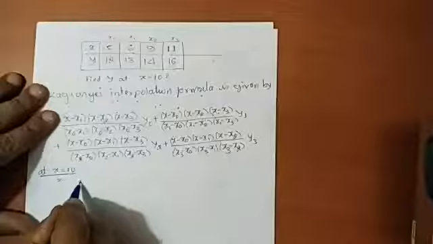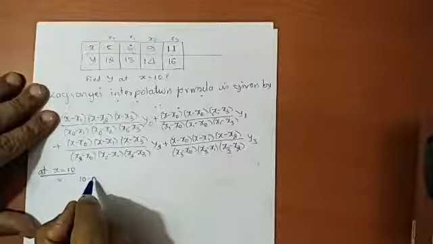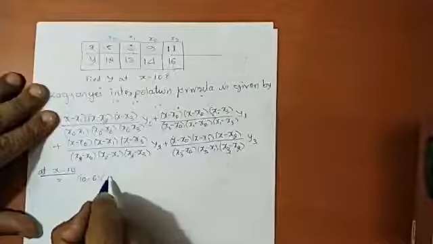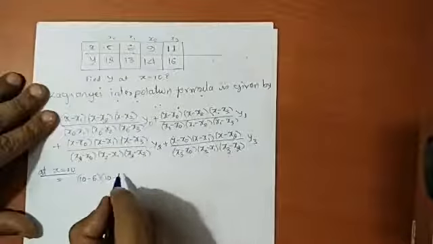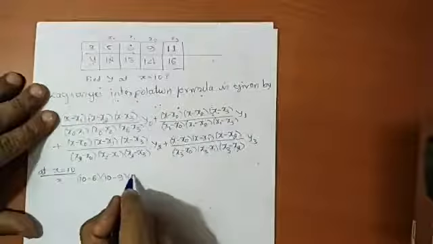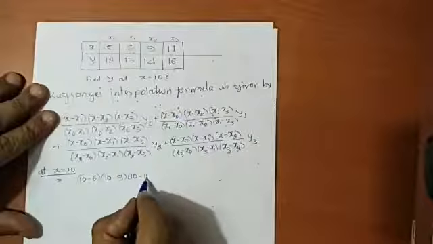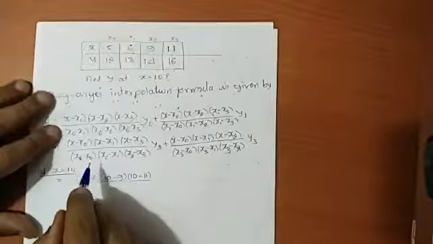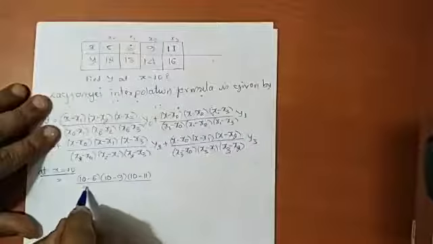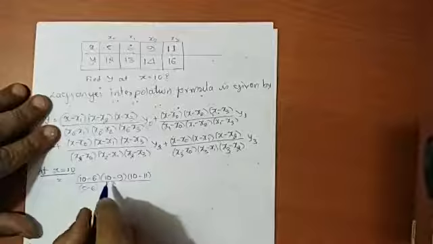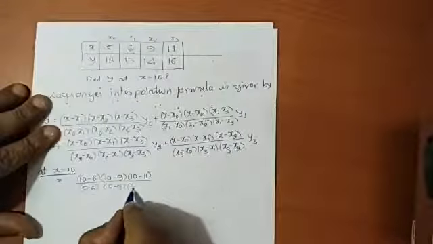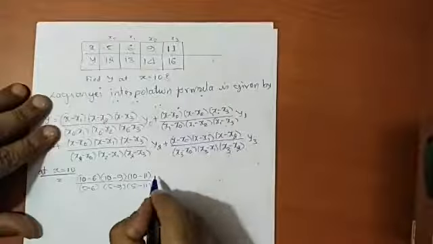It is (10 minus x1 is 6) into (10 minus x2 is 9) into (10 minus x3 is 11), divided by (x naught minus x1, 5 minus 6) into (x naught minus x2, 5 minus 9) into (5 minus 11), times y naught.